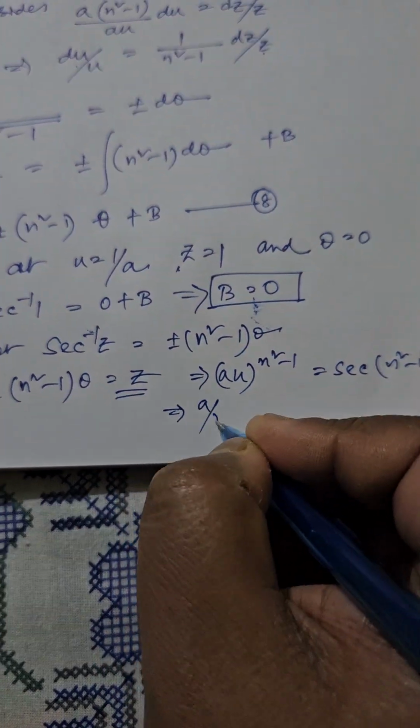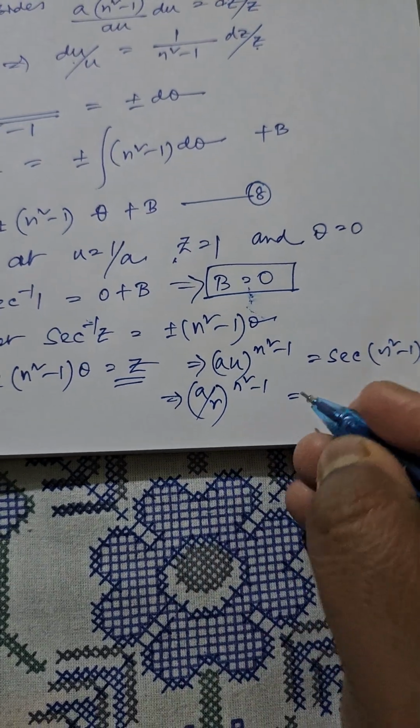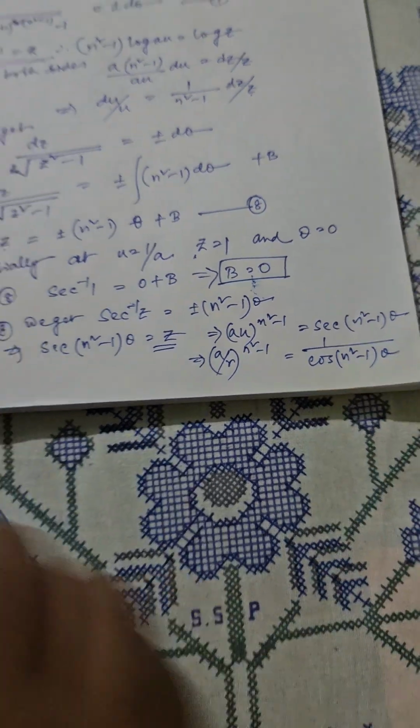And from here a by r whole to the power n square minus 1, 1 by cos of n square minus 1 theta.